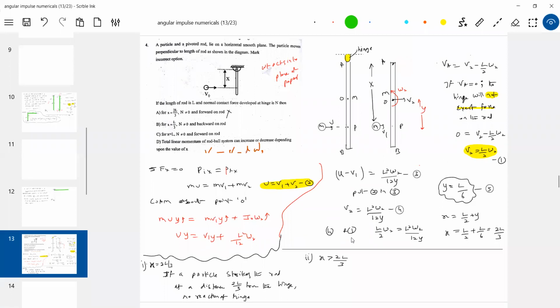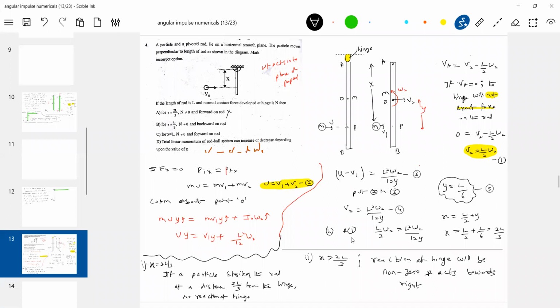So for x greater than 2L by 3, the reaction at the hinge will be non-zero and acts towards right. This is very important.